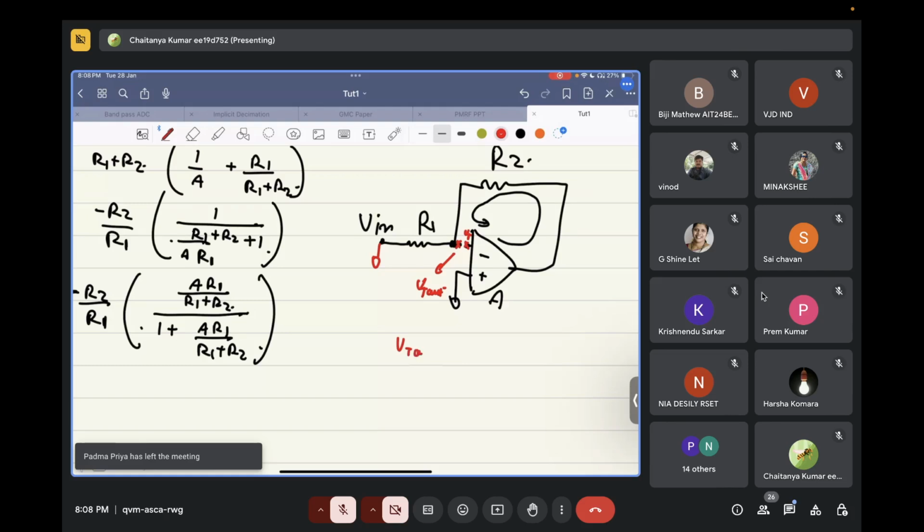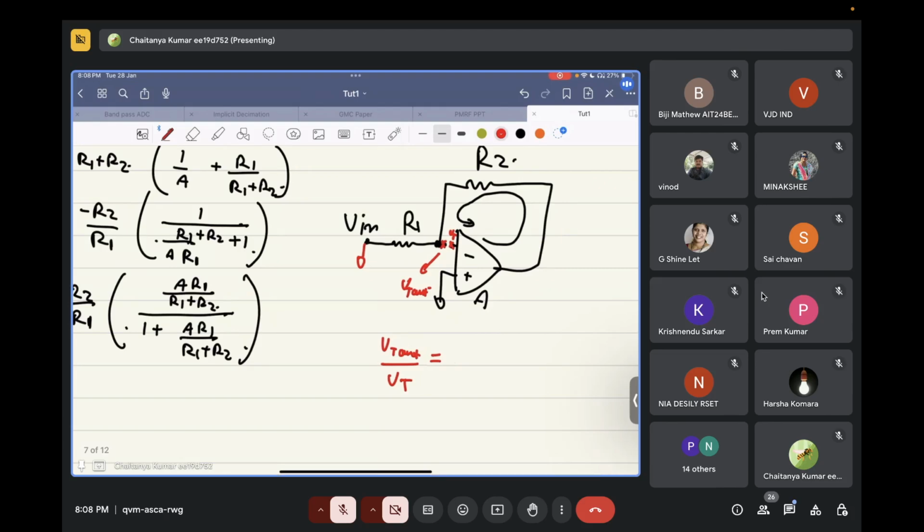So Vt out by Vt is equal to, if this is Vt, this will be minus A times Vt, and V out will be this voltage divided by the resistor divider between R1 and R2.